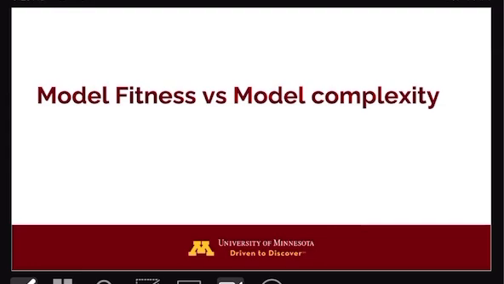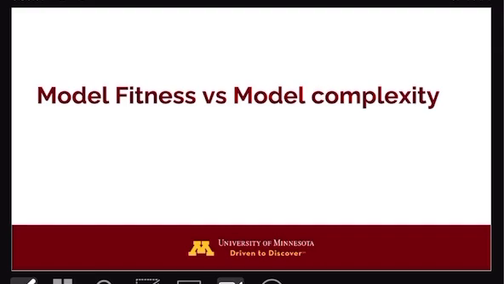I'm going to say that again. Model fitness. That's what we do in statistics. You take a sample size of n, and after taking a sample size of n, you estimate a function, and you now want to assess how this function matches your data set, the data set that you use.